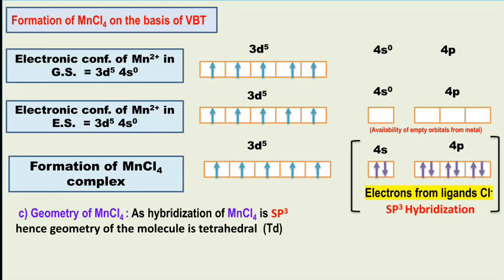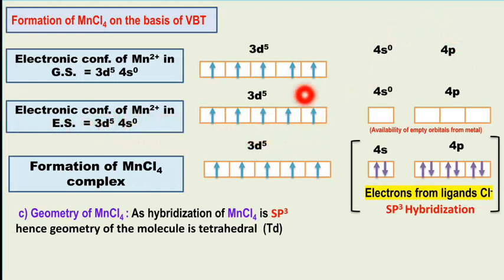So we will consider the ground state configuration of manganese. Here you can see that the ground state configuration of manganese is 3d5 4s0. Now we can see that there are 5 unpaired electrons in the 3d orbital, and the 4s and 4p orbitals are empty. So let us consider the electronic configuration of manganese plus 2 in the excited state, that is 3d5 4s0.